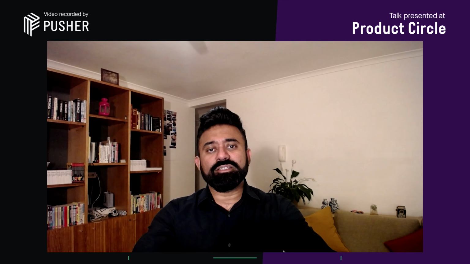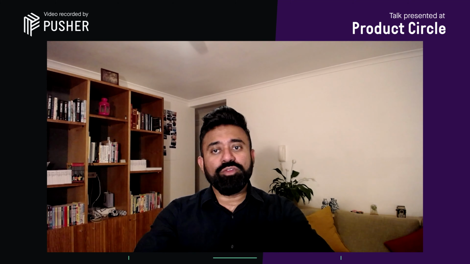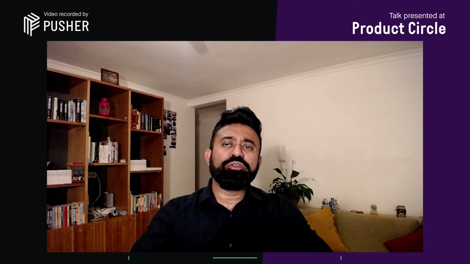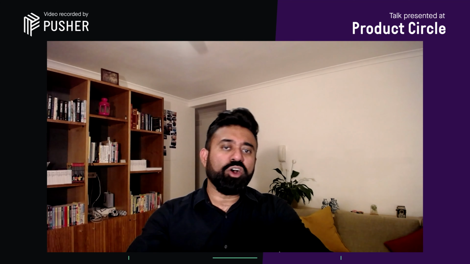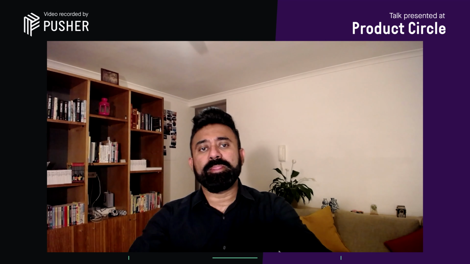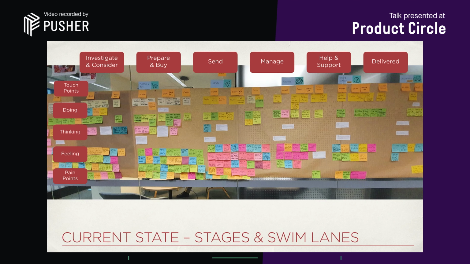Most of these stages are both online, offline experiences when you send something from home, office, or warehouses. We created swim lanes thinking of an empathy map, which is touch points and channels, what they're doing, what they're thinking, how they're feeling, and their pain points.